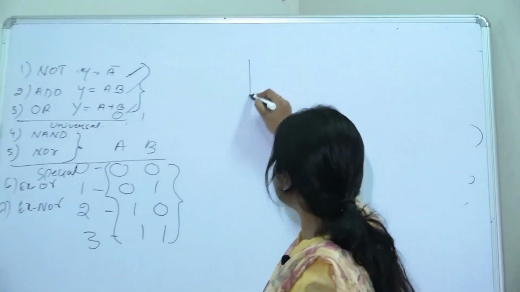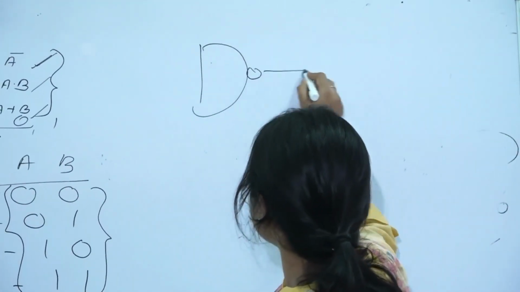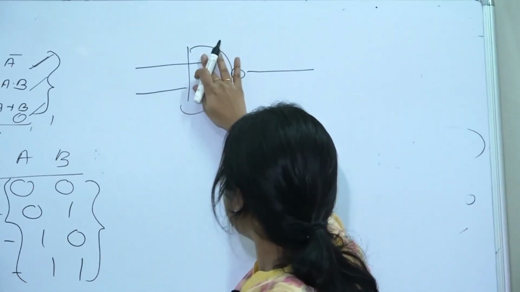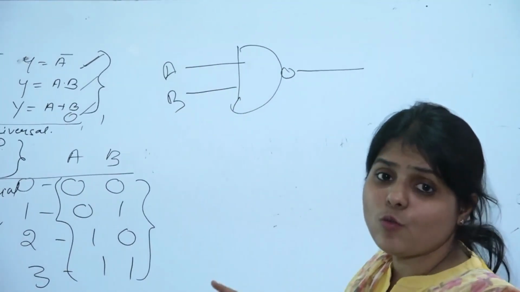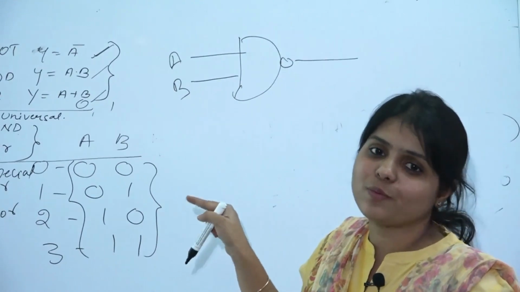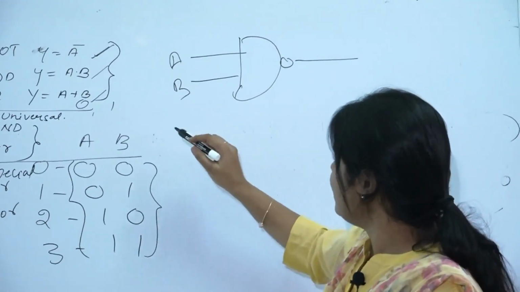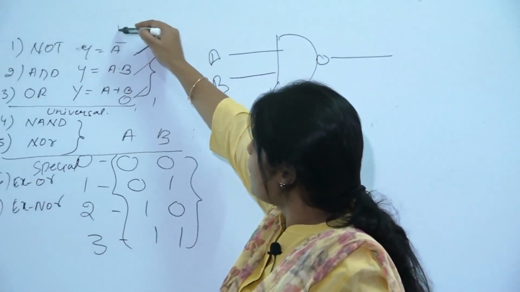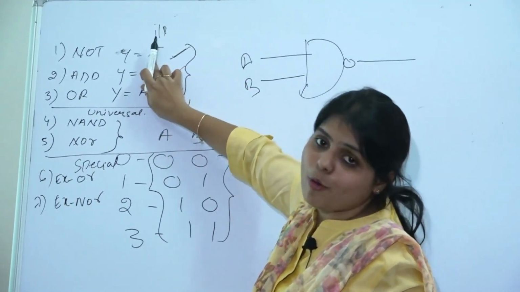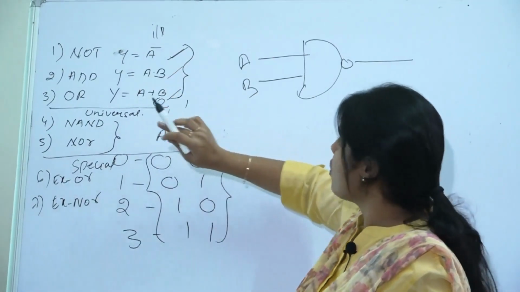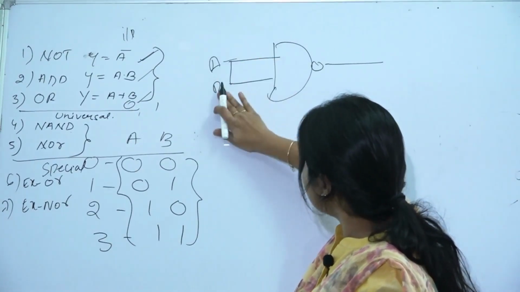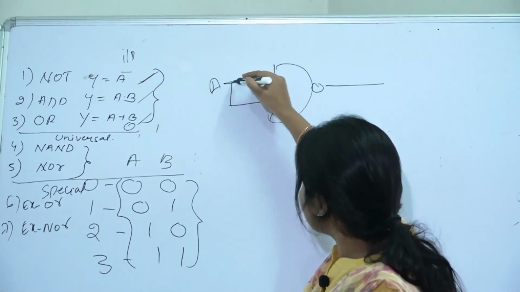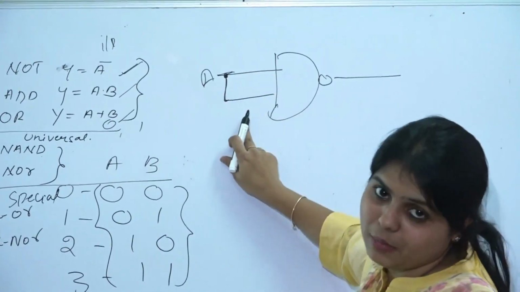This is my NAND gate wherein I have 2 inputs, A and B. But I want to design an inverter from this NAND gate. When we looked into the inverter, it has only one input and it produces the complement of that input. So in order to get the inverter operation, I remove the second input and connect the first input to the other input terminal.